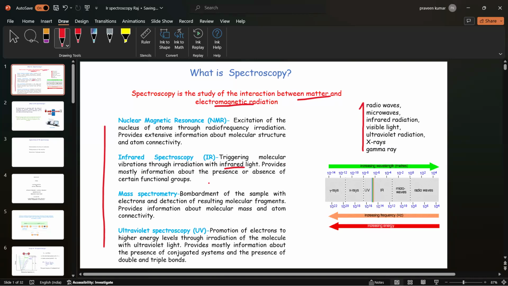IR spectroscopy is used for the fingerprinting of a molecule, generally to determine any functional groups present or absent in a molecule. Every molecule has a unique IR fingerprint. No two molecules will have the same IR fingerprint. And IR spectroscopy is very important to identify the functional groups in drugs, excipients, etc.